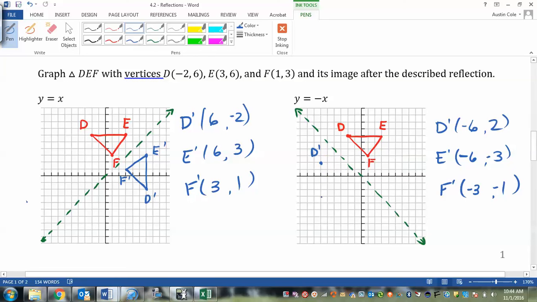Negative 6, negative 3. Negative 3, negative 1. Questions here at all?